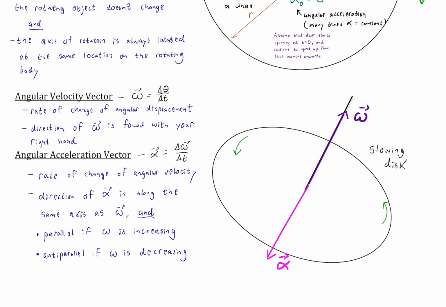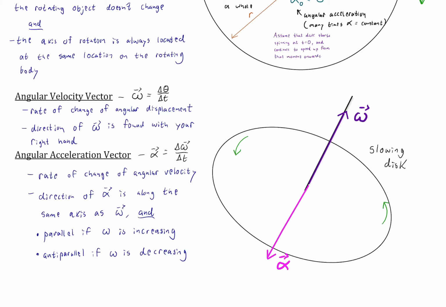And that's interesting, and something you may be wondering about: why do they point along the axis of rotation? First of all, that means they're actually perpendicular, or orthogonal, to the plane of rotation. Because the plane of rotation is here. It's the disk, that's the part that's actually rotating.